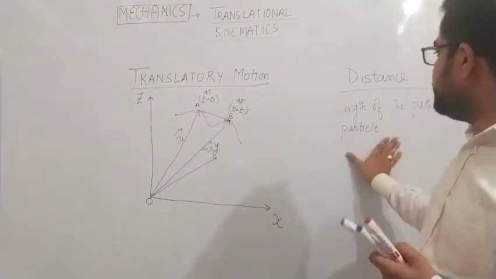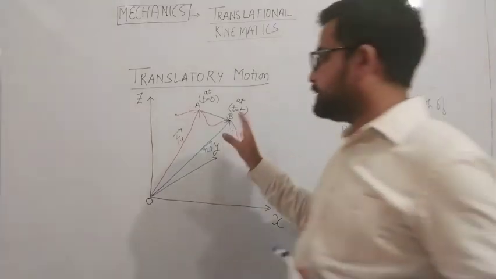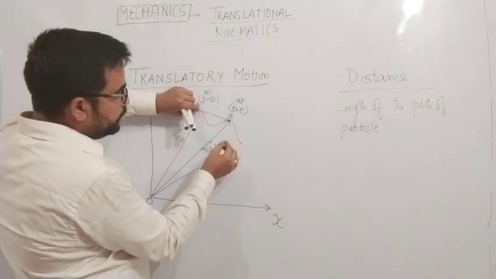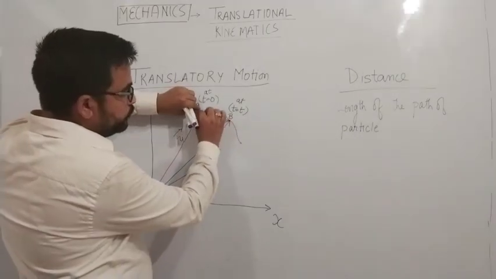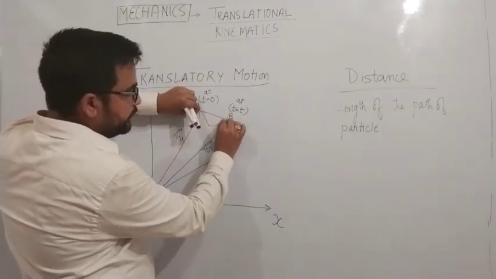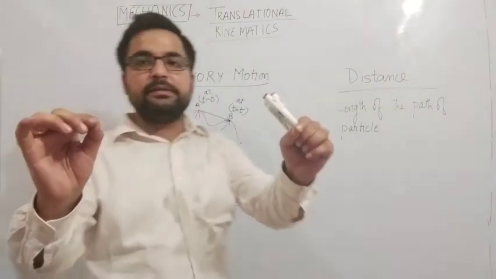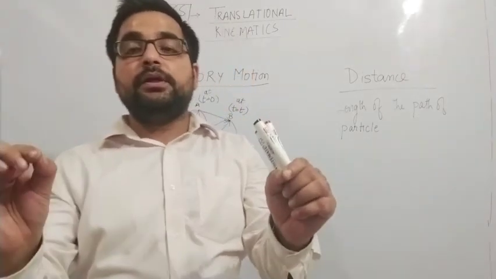If you want to find the distance traveled by it, you will take a thread and hold one end of the thread here, coincide the thread over this red portion up till B, and then stretch it and calculate the length on your scale.